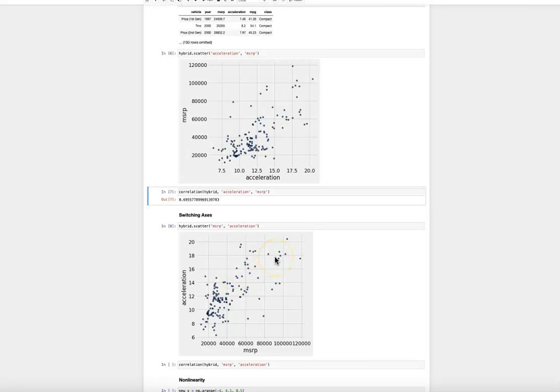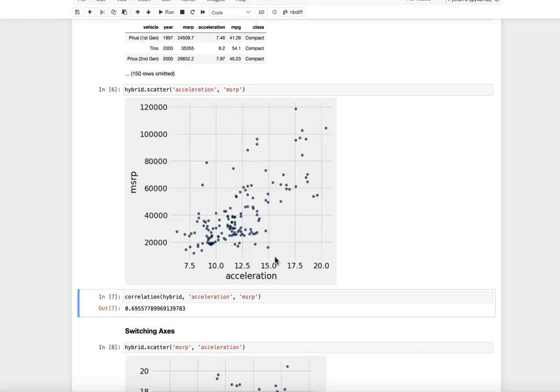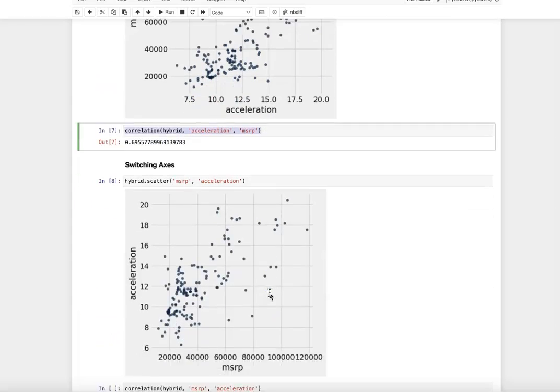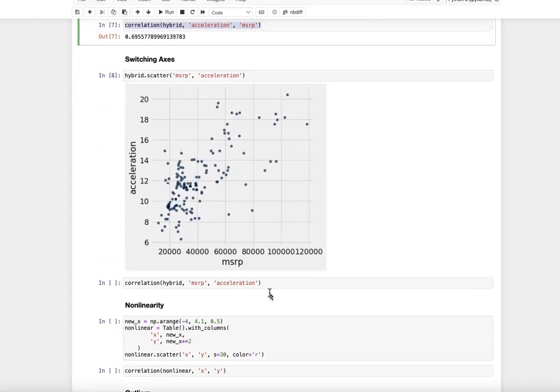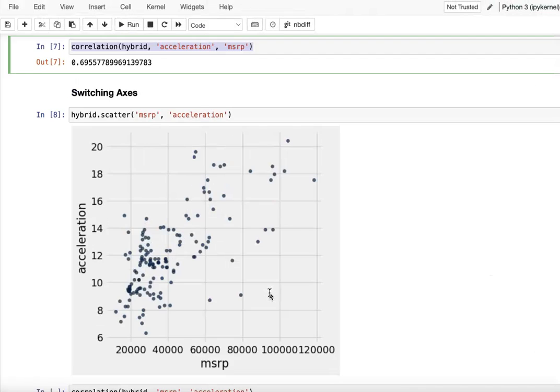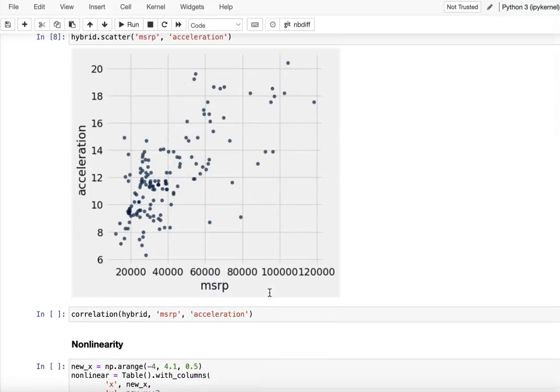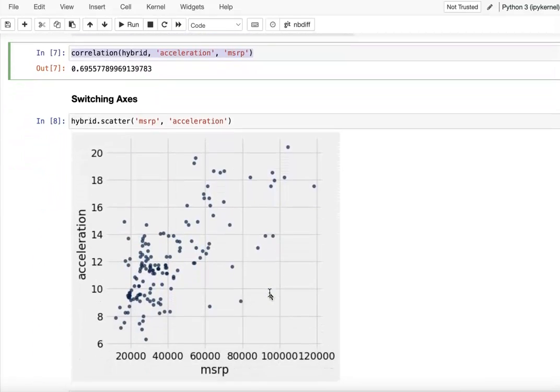But on the other hand, if we switch the x and y axes, the numeric variables, how about the correlation value? If you continue to find the correlation value, earlier we had almost 0.7, right?